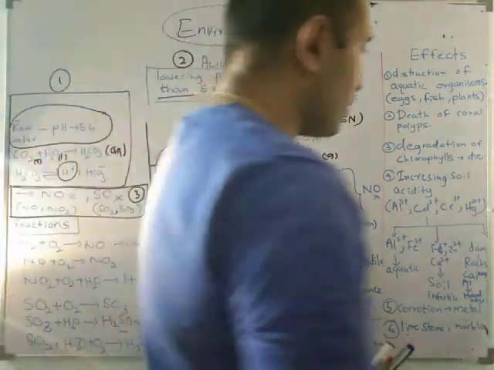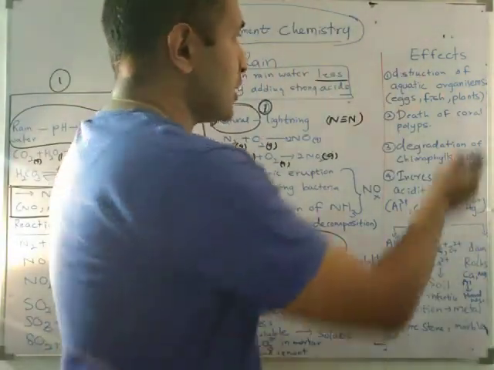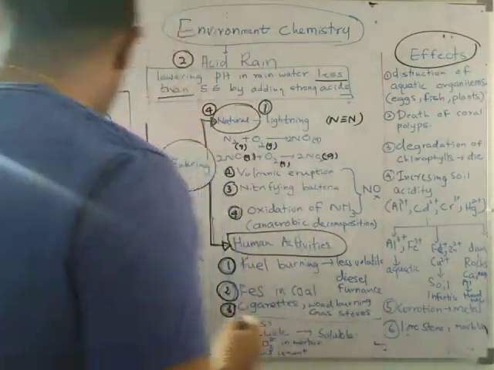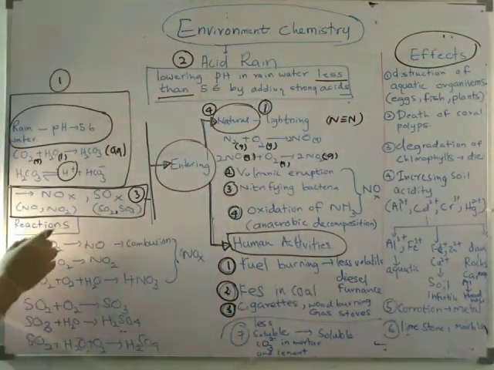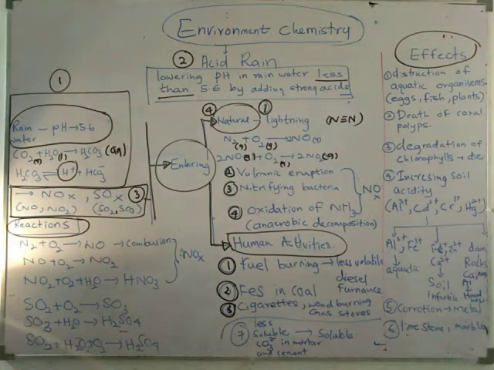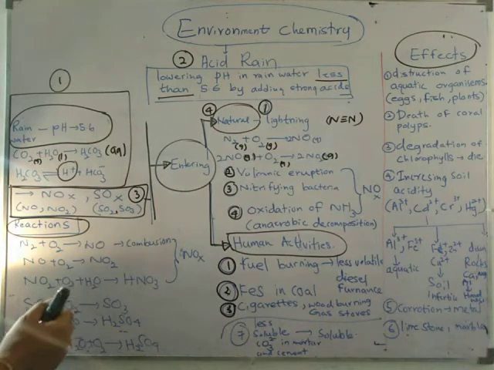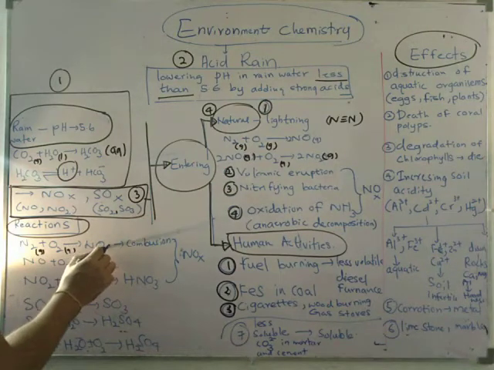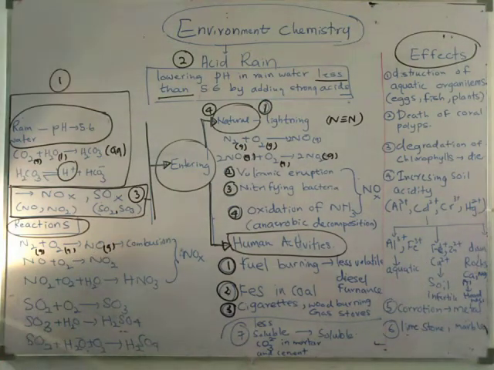Then the effects. The effects are also very important. Before that we should come to the reactions. I forgot that. Right, reactions. During the internal combustion, when we are burning fossil fuels, nitrogen reacts with oxygen to form NO gas.